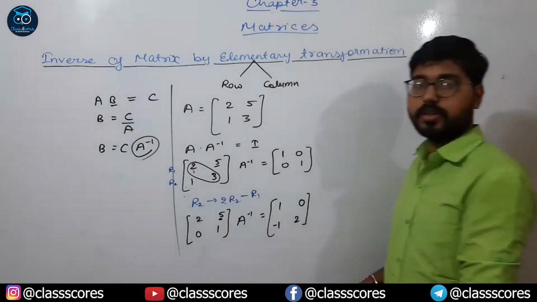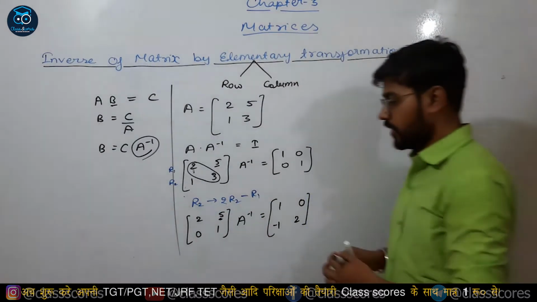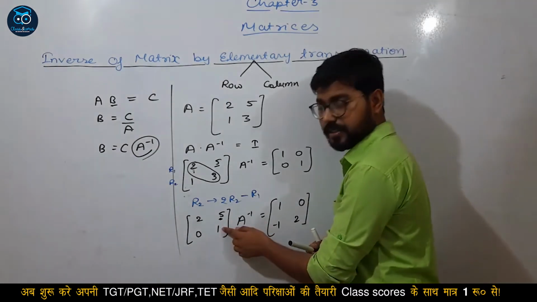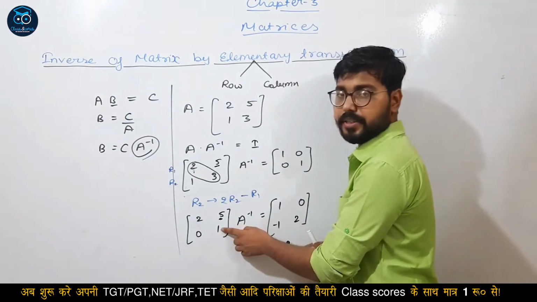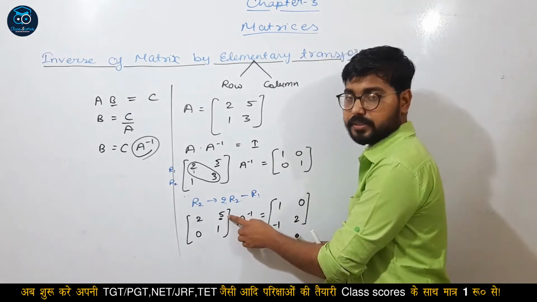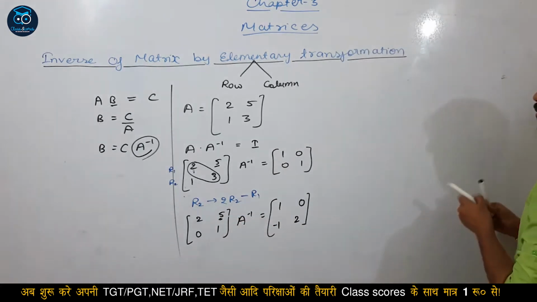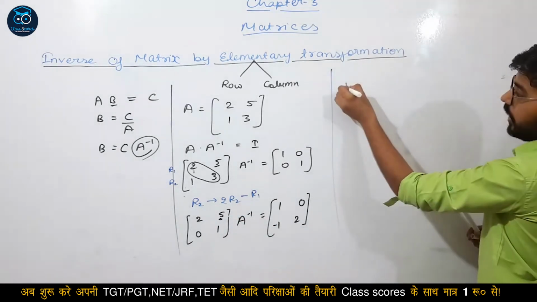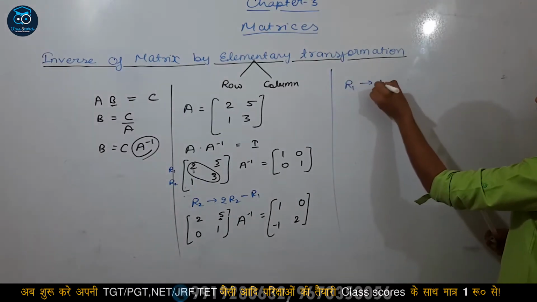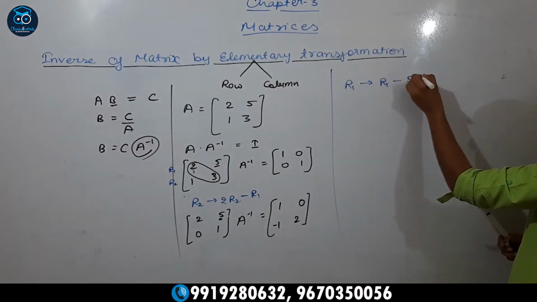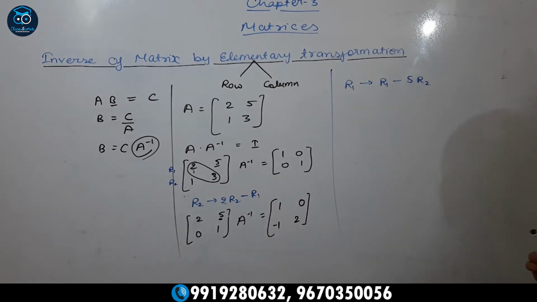Now we need to convert this 5 to a 0. Here it is 5, and here it is 1. If we multiply 5 with this term and subtract it from this, then it will become 0. So what we can write: R1 changes to R1 minus 5 times R2.